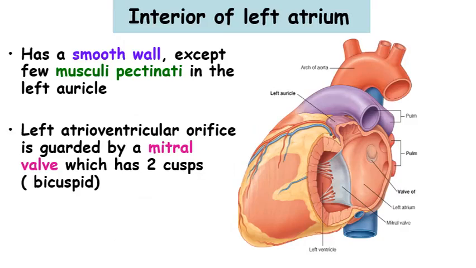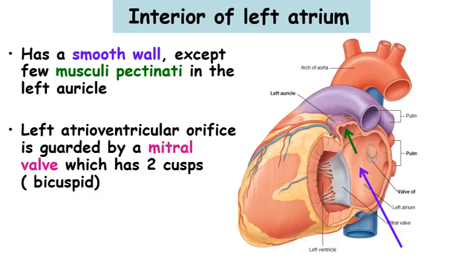Now let's take a look at the interior of the left atrium. The left atrium is actually all smooth except for a very tiny part inside the left auricle, which has musculi pectinati. So it's only the left auricle having musculi pectinati.